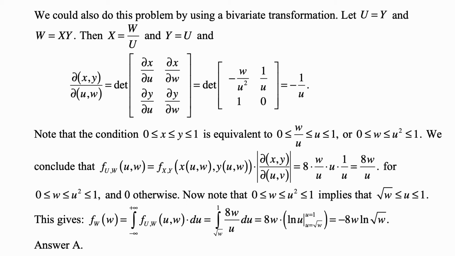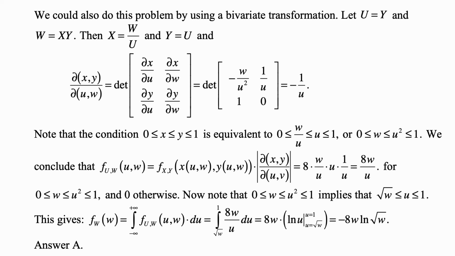Note that 0 less than or equal to w less than or equal to u squared less than or equal to 1 implies that square root of w is less than or equal to u, and that's less than or equal to 1. And this gives that f sub w of w is the integral over all possible values of u of that joint density, which is the integral from square root of w to 1 of 8w over u du.